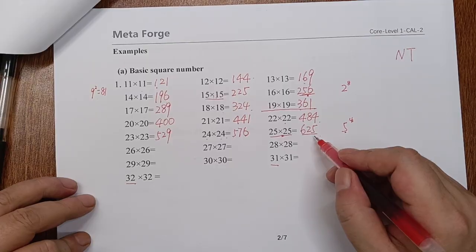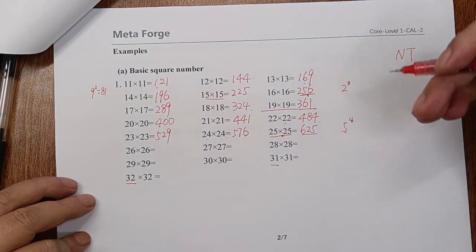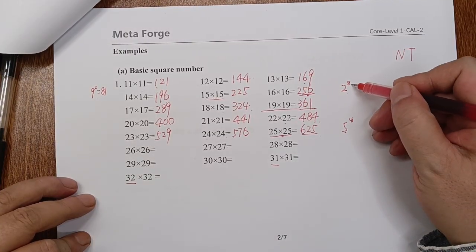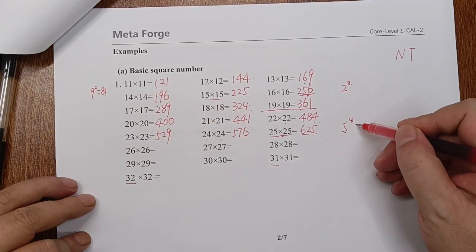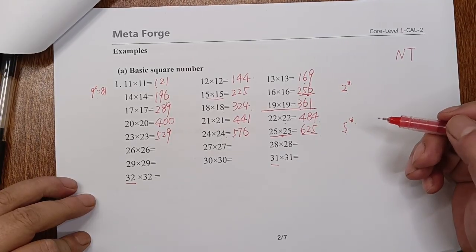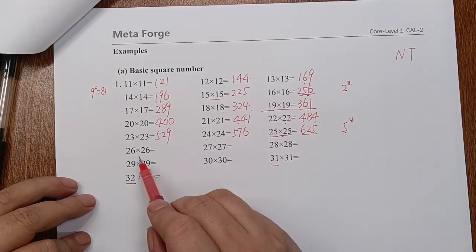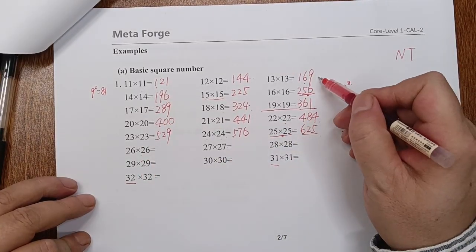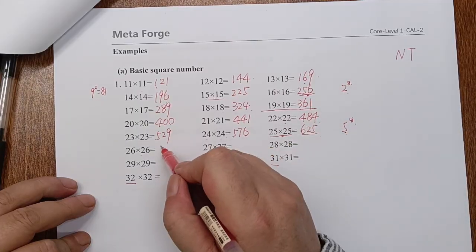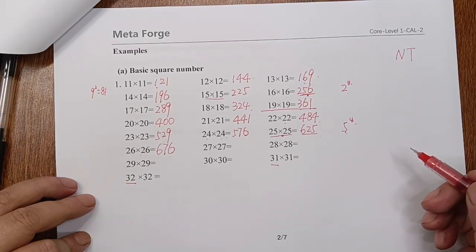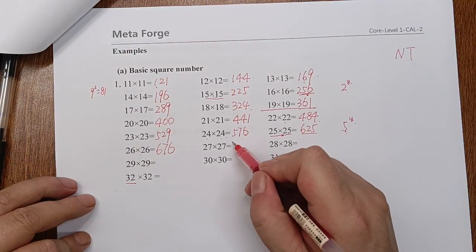We will study it deeper a little later in this session. 2's powers and 5's powers are very important. Why? I will explain it later. This one is 4 times this one. The number is 676.